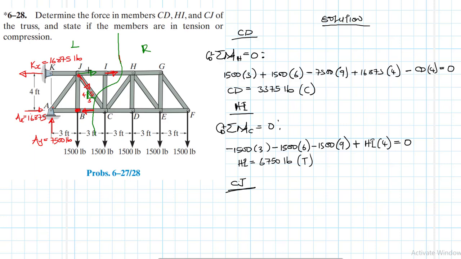So this component of CJ is CJ by 3 over 5, and then we have another component here, which is CJ by 4 divided by 5.